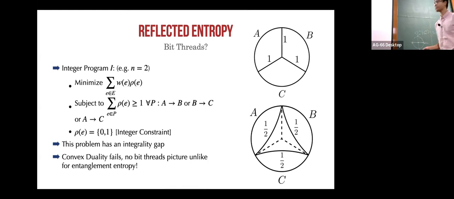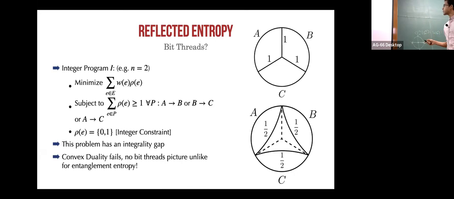Now, integer constraints are interesting things in computer science. They're NP hard problems, NP complete problems when you have an integer optimization. And the problem is you basically can't apply convex duality. So you can't go to a max flow version of this problem unless you relax the integer constraint. So if you relax this integer constraint, there is actually a dual bit threads picture.